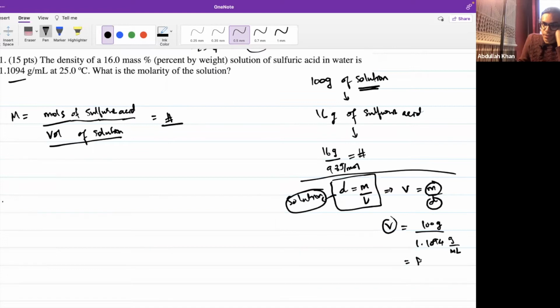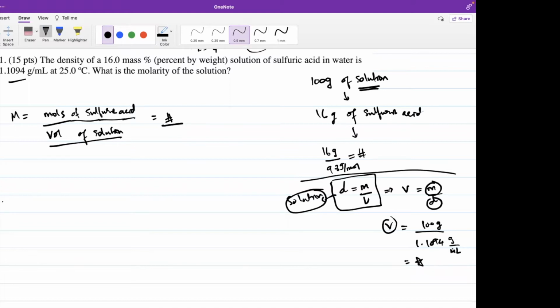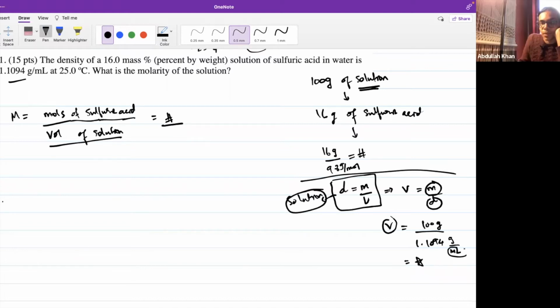This, let's say, is some number star that goes down there. Well, that's not exactly true, right? When you divide these two numbers, what's the answer going to be in units of? What's the unit here? It's going to be milliliters, so convert it to liters. Awesome. Milliliters, because the density was in units of grams per milliliter.